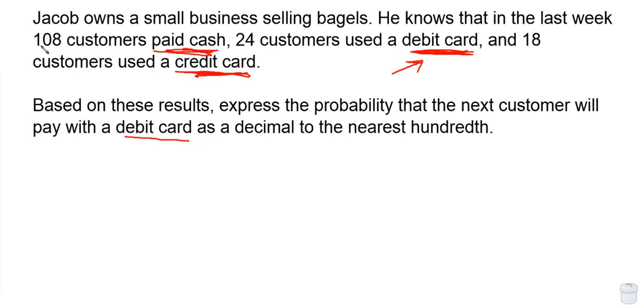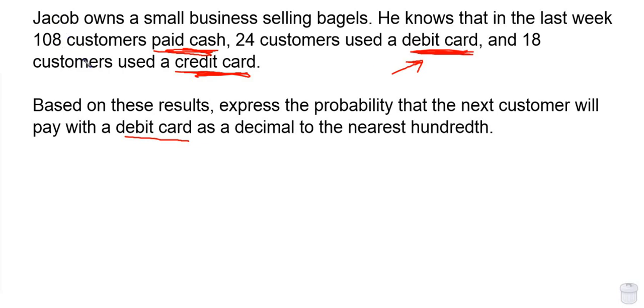Let's see here. So we had 108 customers paying with cash, so by far the most paid with cash. Then 24 paid with a debit card, and 18 used a credit card. We had a total of 108 plus 24 plus another 18. Throw that in our handy dandy calculator. We get 150.